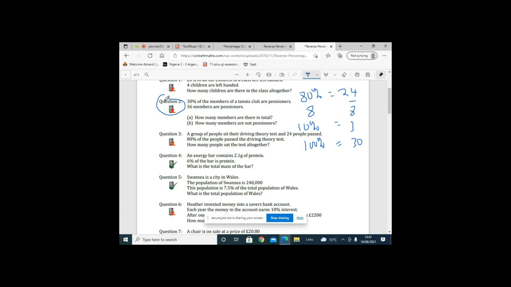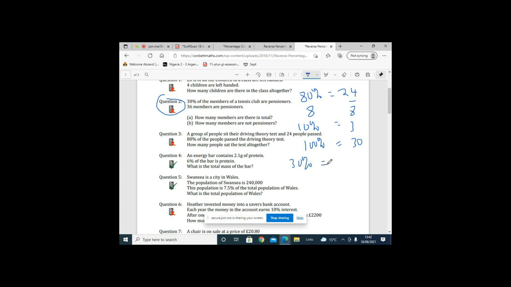30% of the members of a tennis club are pensioners, and 36 are pensioners.